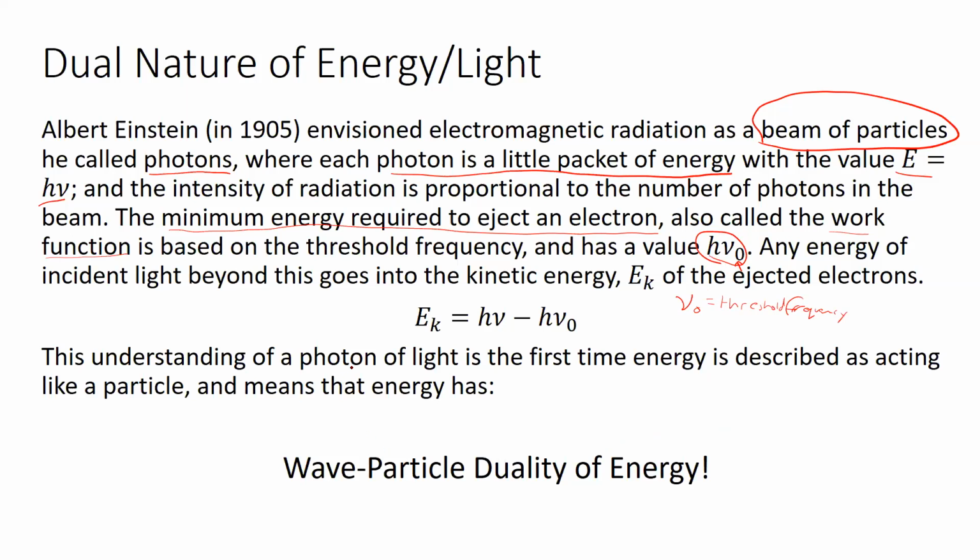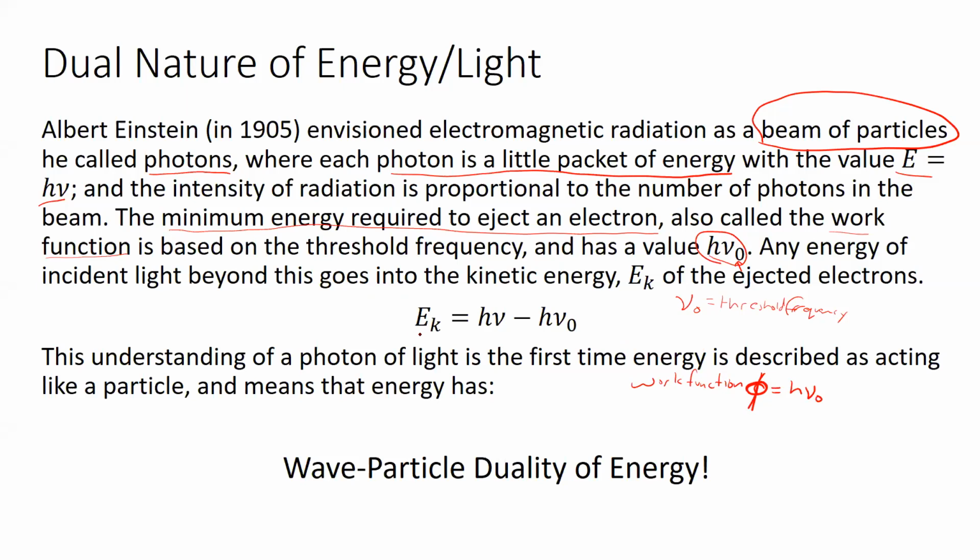And sometimes, by the way, you'll see the work function abbreviated by the Greek symbol phi, the circle with the line through it, and that's going to be h nu 0.